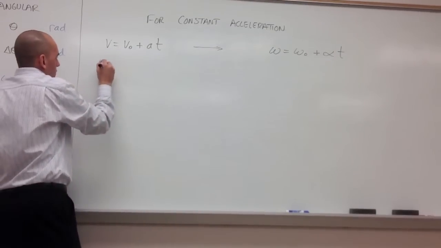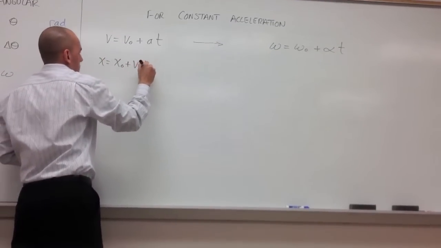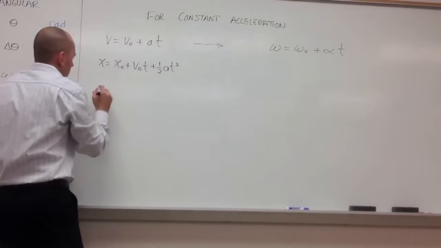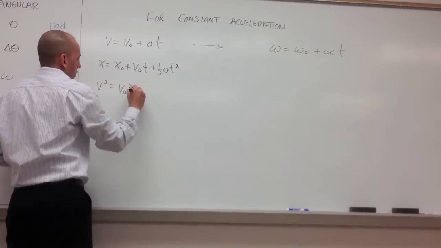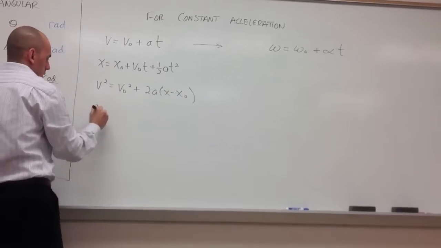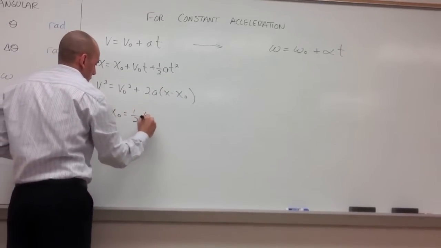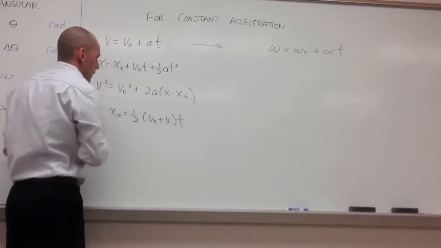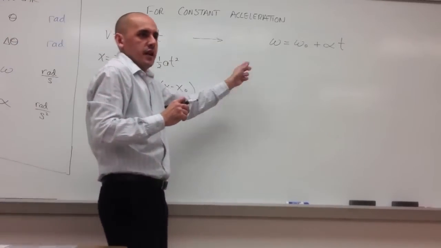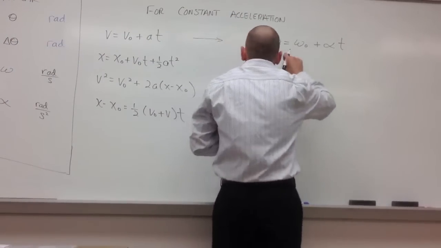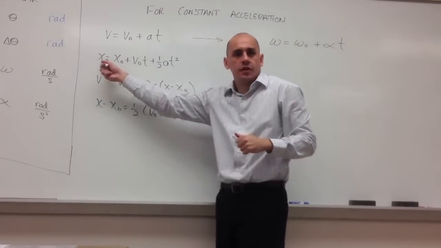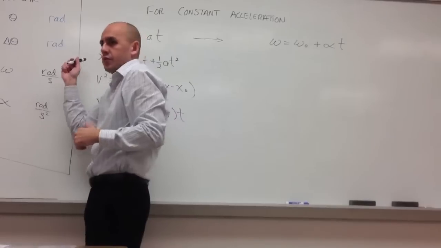So we had one over here that was x is equal to x naught plus v naught t plus 1/2 at squared. We had v squared is equal to v naught squared plus 2a times your x minus x naught there. Then we had one more. You should be able to write all these equations now in rotational or angular form over here. So what does my x become? X was linear position. Now we're talking about angular position. Those are just thetas now.